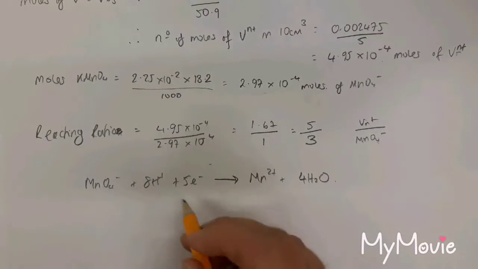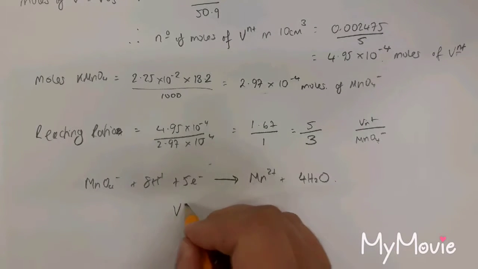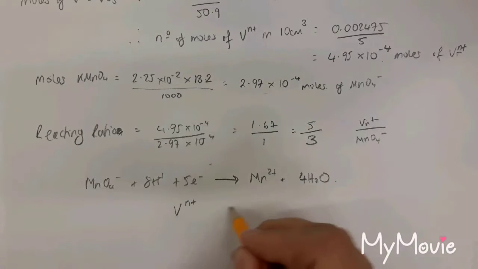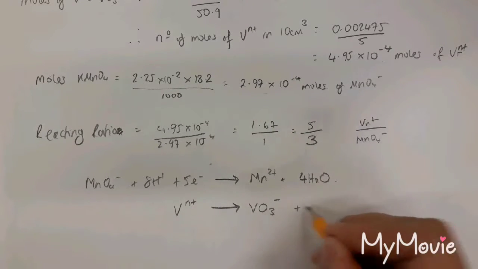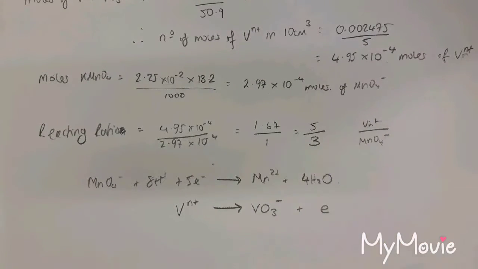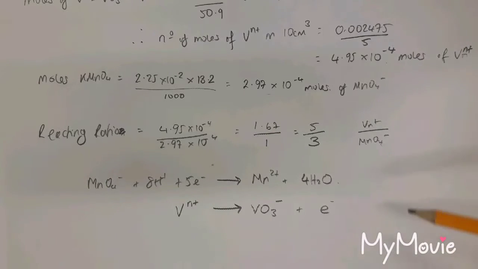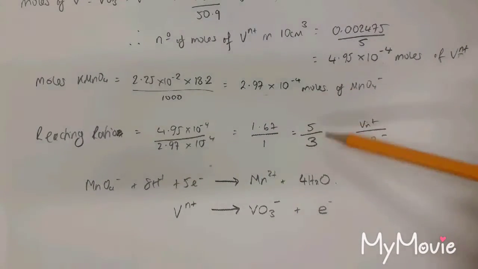And also we know then that in the other instance, the vanadium ions, this unknown Vn plus ion, is oxidizing to the vanadate VO3 minus ion. So obviously the electrons will be on this side of this equation, but at this stage we're not overly sure of how many. So this is where we now use our reacting ratios.